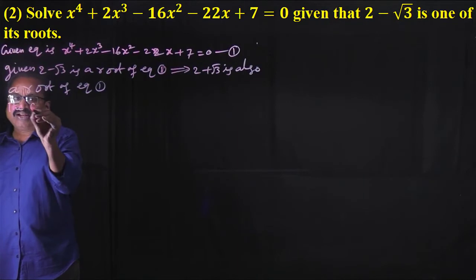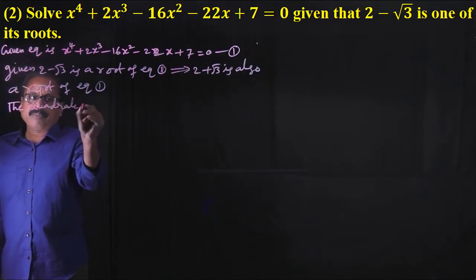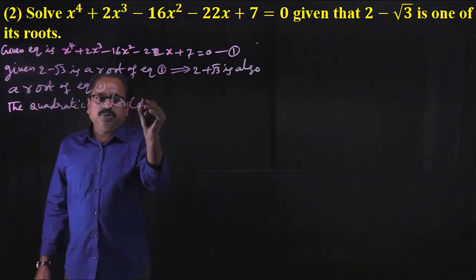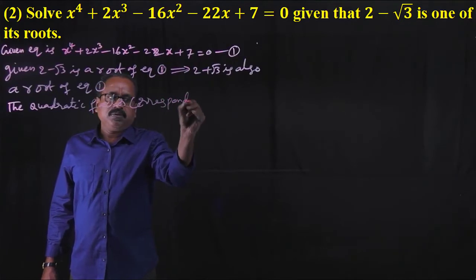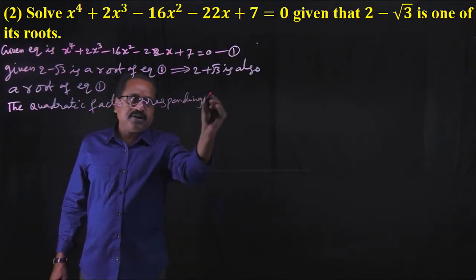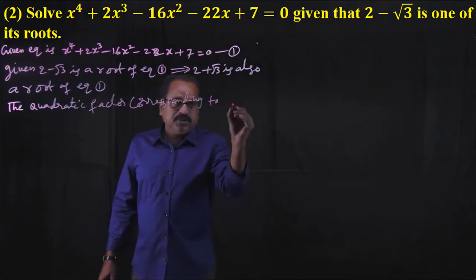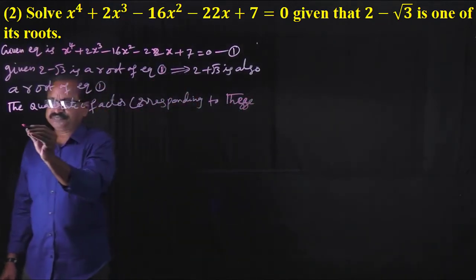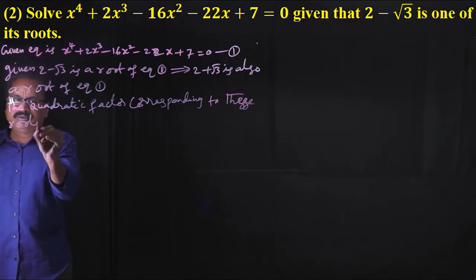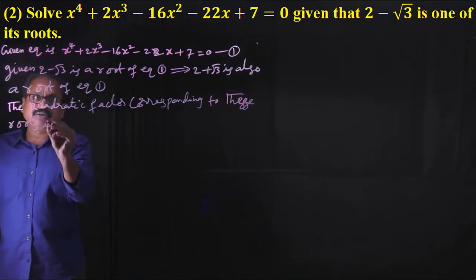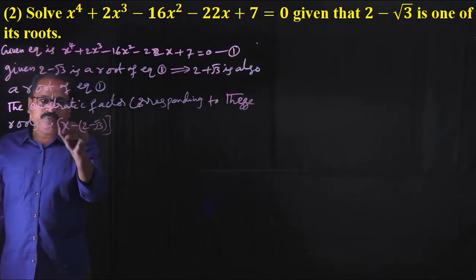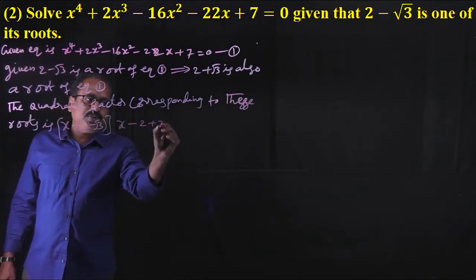The quadratic factor corresponding to these roots is (x minus of 2 minus root 3) into (x minus of 2 plus root 3).